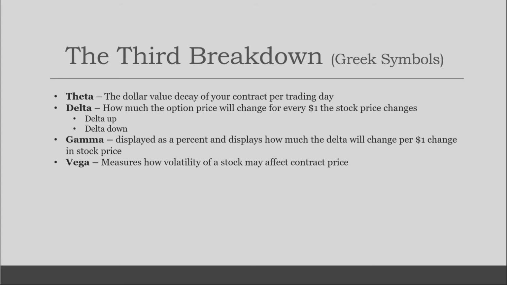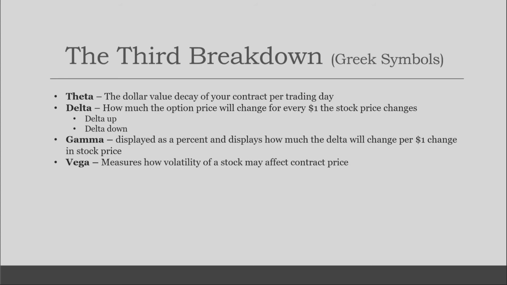Delta, however, is broken down into delta up and delta down. The delta up value represents every $1 the stock price moves up, and delta down represents every $1 the stock price moves down.